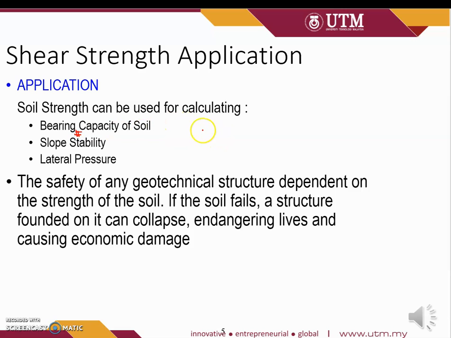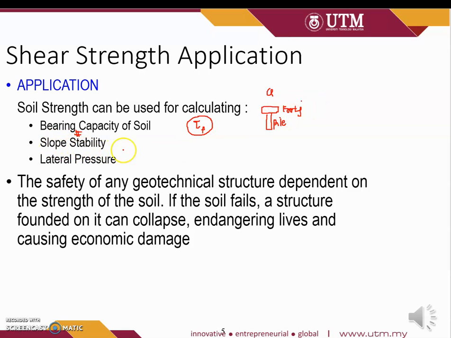Once we know tau failure, the limit of the shear strength, we can calculate how much the load Q is and design the footing, either a simple footing or one with piles. So we can design properly for any high-rise building or any typical building.